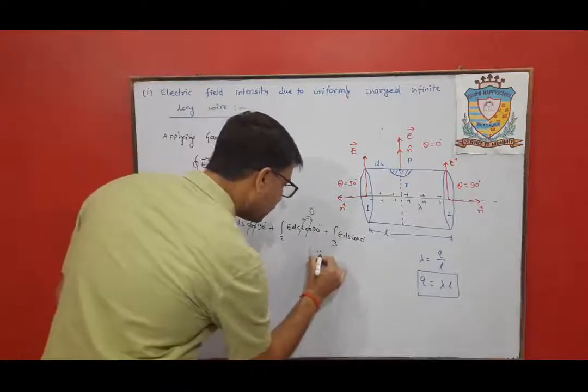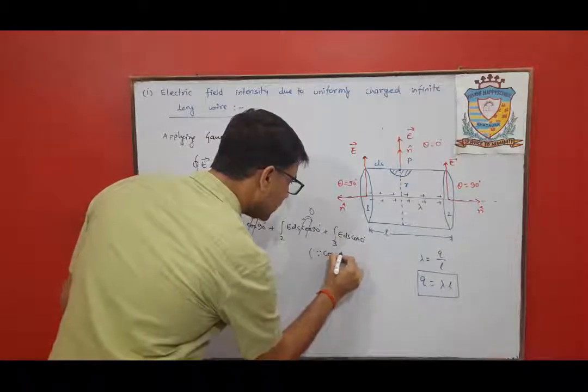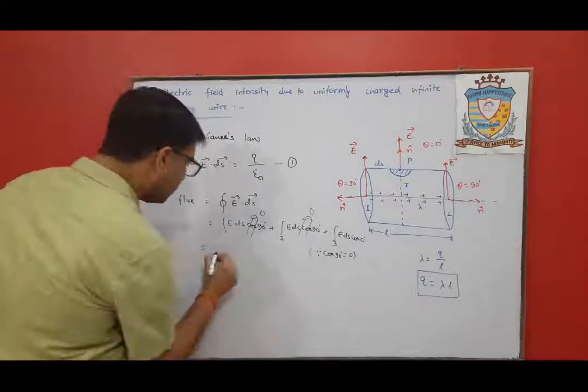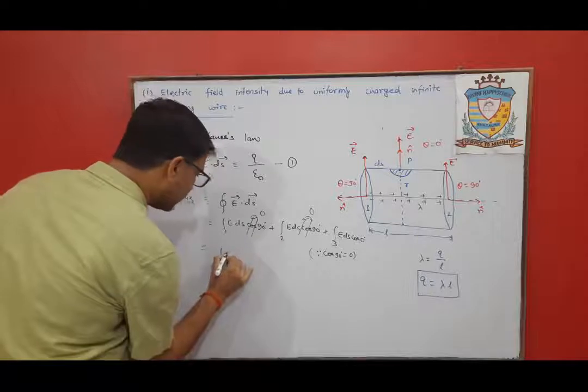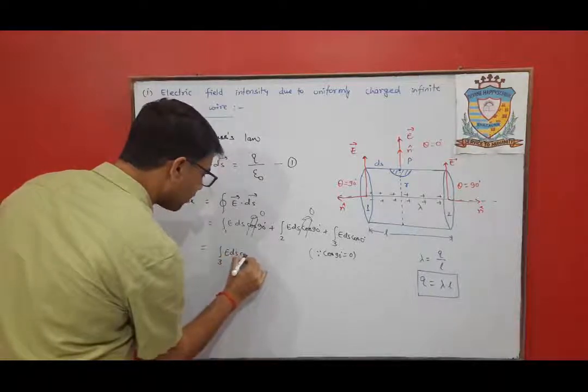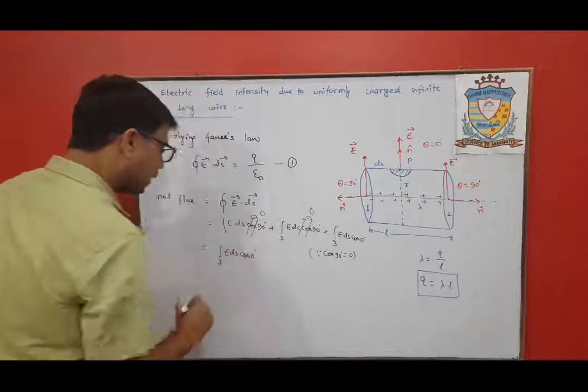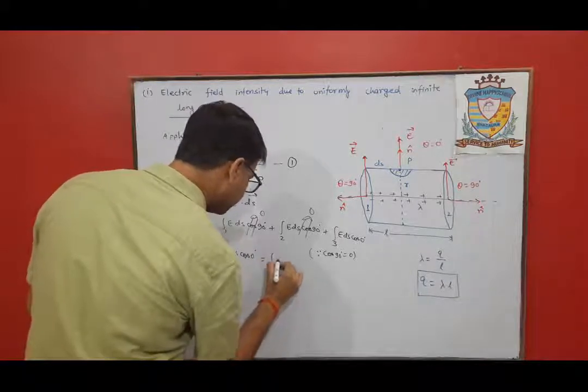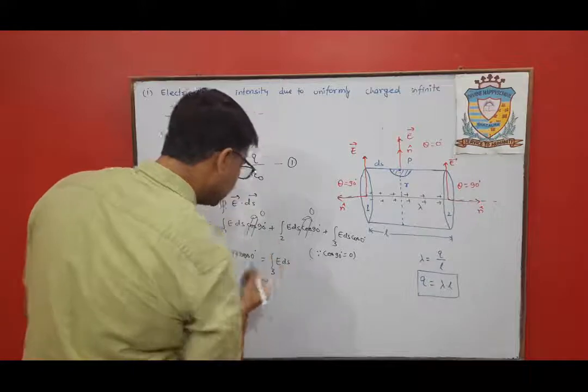Only the third part remains, E ds cos 0 degree, and the value of cos 0 is 1. So this becomes E ds.